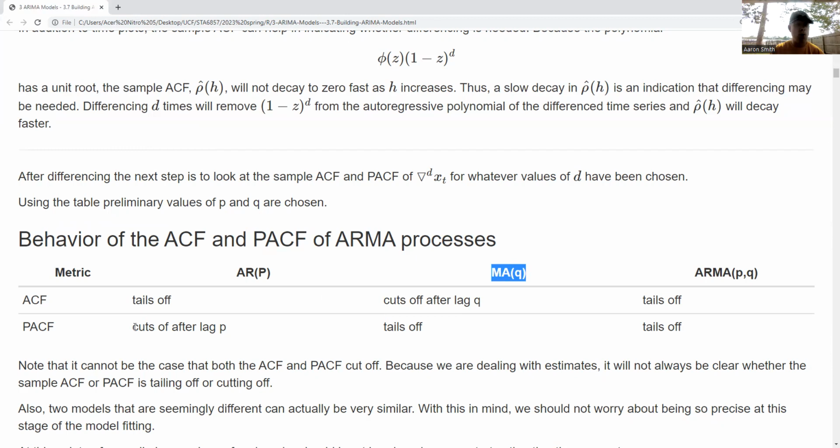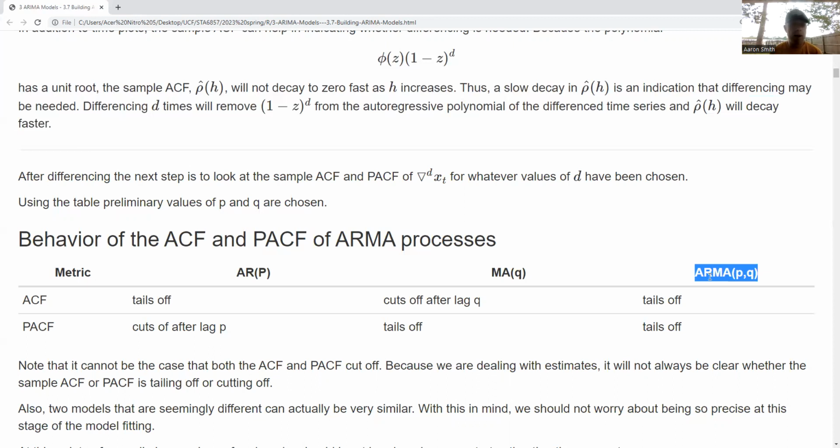If I see that the partial autocorrelation function cuts off after a lag of P, I want to do an autoregressive model purely. Now, if both of them kind of tail off and I have decay that's fast enough for me to believe that an ARIMA model is appropriate, if both of them tail off, then I'm going to go ARIMA.